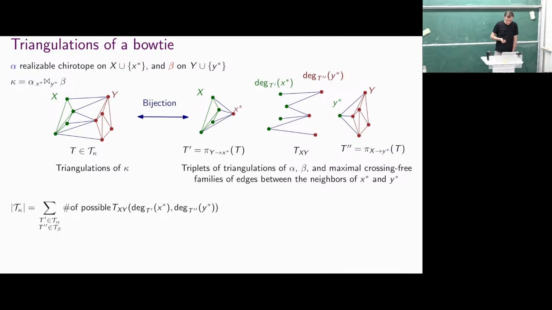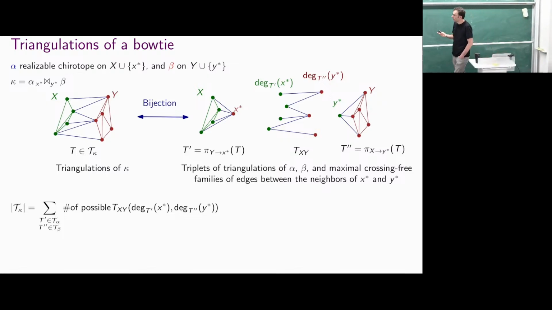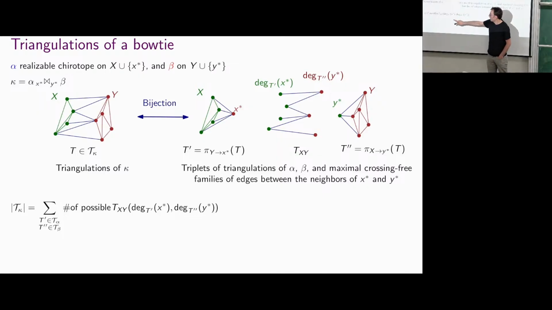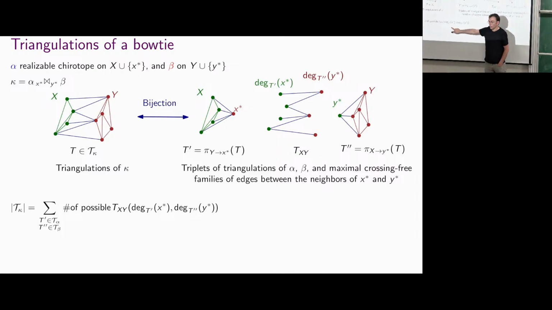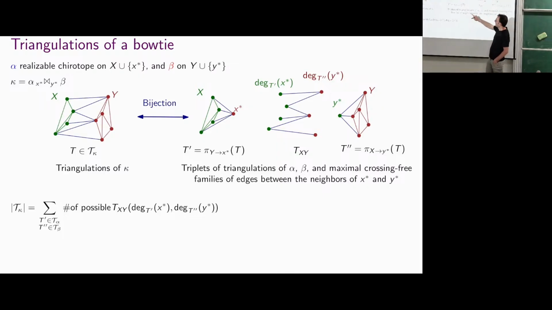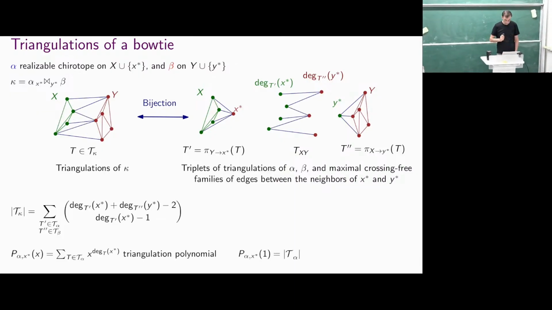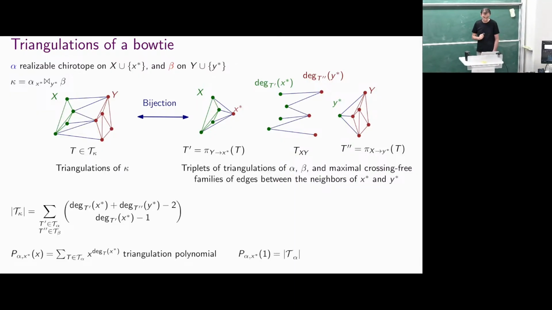That means that for the number of triangulations of the combined chirotope, we sum over all choices of one triangulation of the left part and one triangulation of the right part, the number of possible sets of edges going across. There are many; the question is how many?